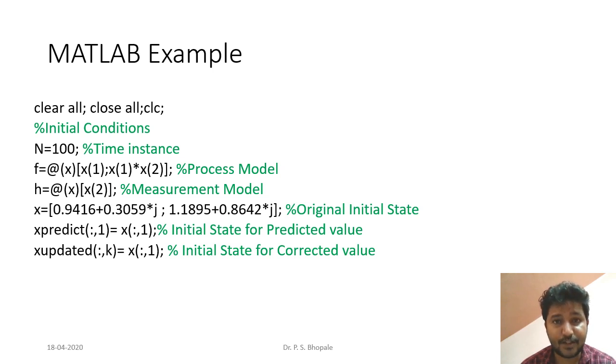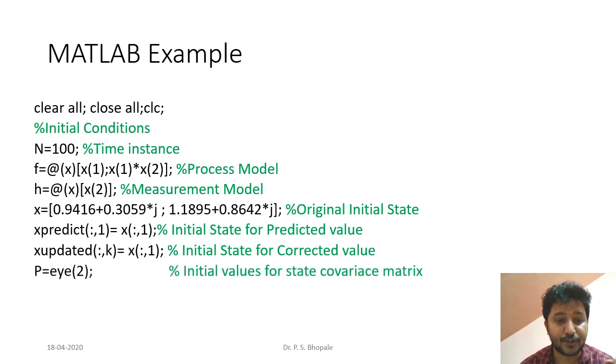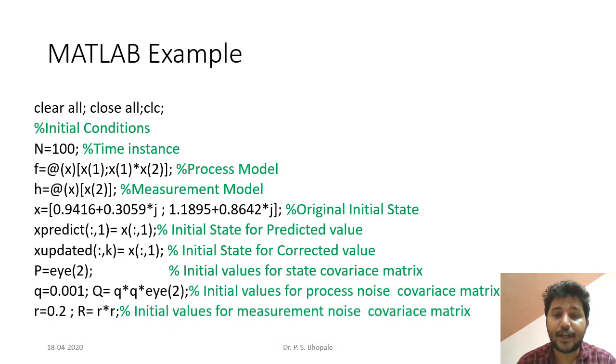You can change these initial conditions when you run the program to understand the feasibility and the tracking, how fast the extended Kalman filter can track. To check that, we can change the initial conditions for the predicted state and updated state also. Then the covariance matrix initial condition is stored as a diagonal matrix, and obviously the noise covariance.